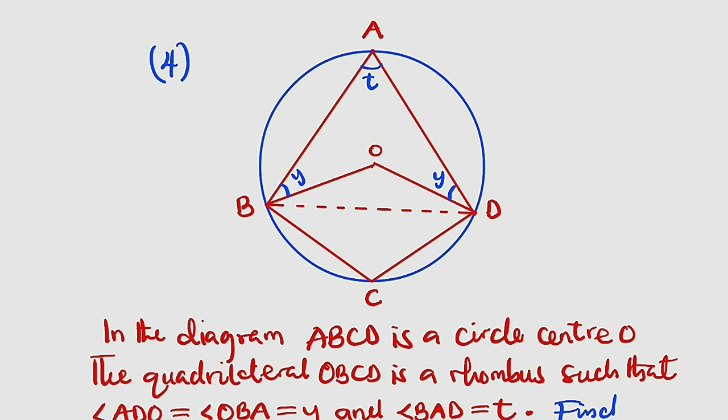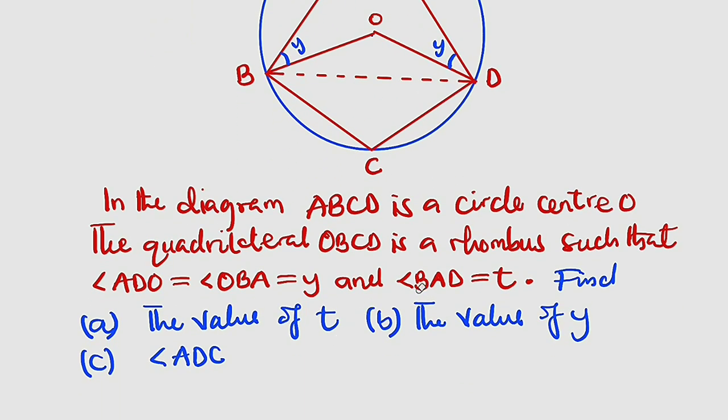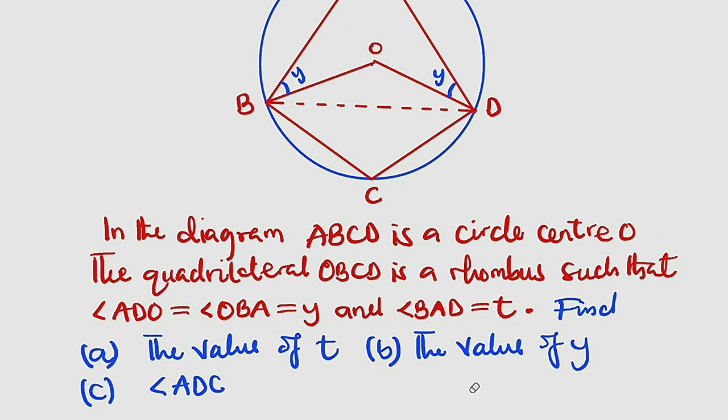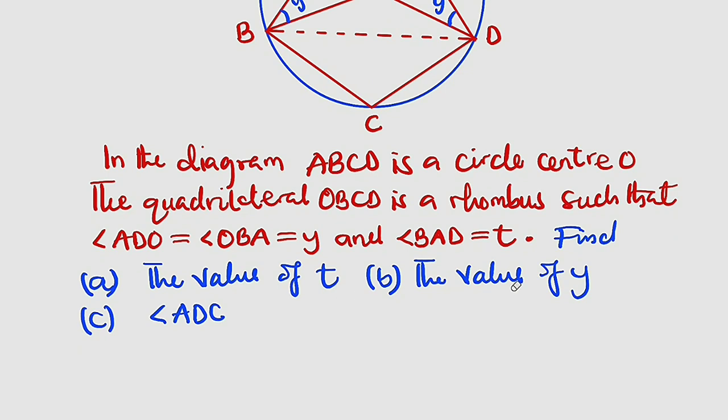So this angle and this angle are the same. And angle BAD is given as T. So we are asked to find the value of T, the value of Y, and the measure of angle ADC.